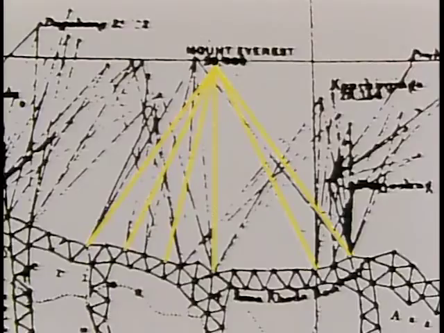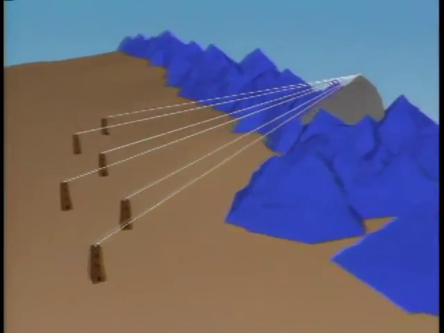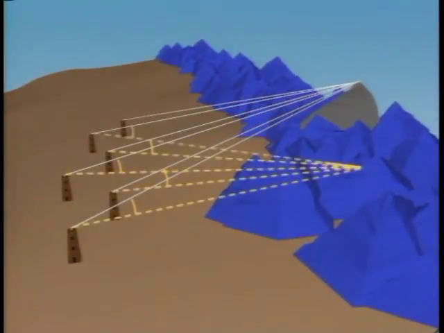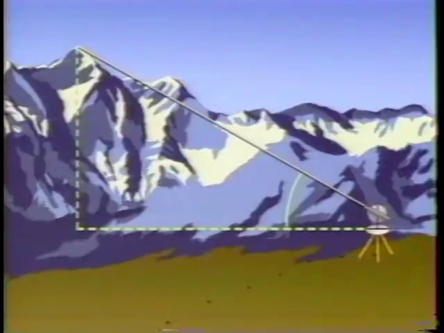In 1849, Captain James Nicholson trained his theodolite on a distant summit, called Peak 15, from 6 stations on the Indian Plain. The distance from each station to a point directly below Peak 15 was found by horizontal triangulation. And the theodolite was used to measure vertical angles.